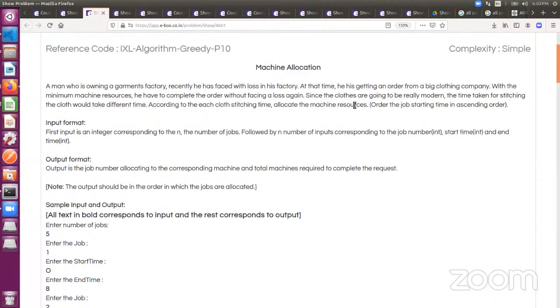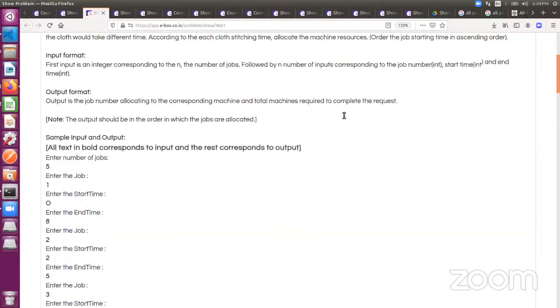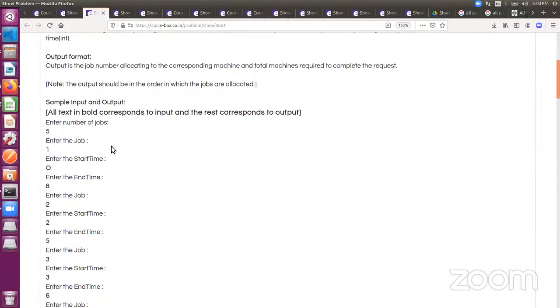Since the clothes are going to be really modern, the time taken for stitching each cloth would be different. So according to each cloth's stitching time, allocate the machine resources to the jobs in order. That is the solution actually.